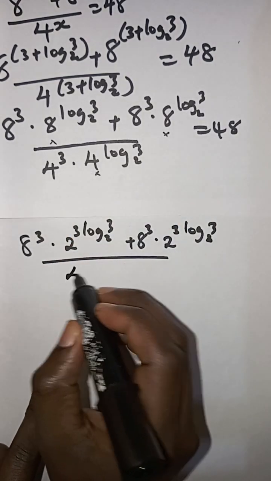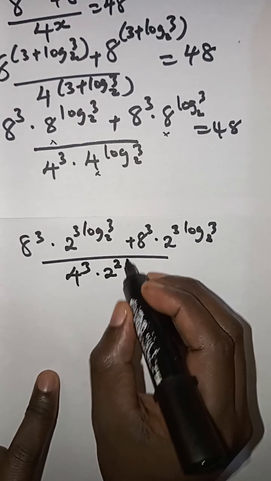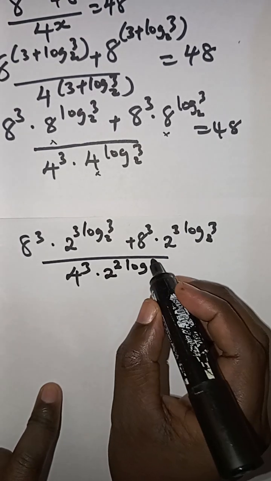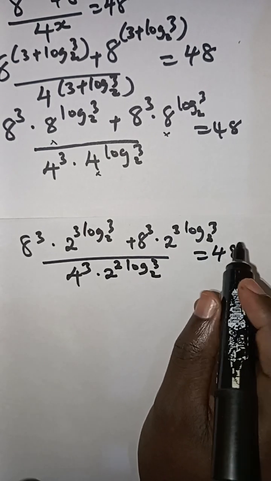This also, I'm going to write as 4 power 3 multiplied by 2 power 2 to the log of 3 base 2, which should give me 48.